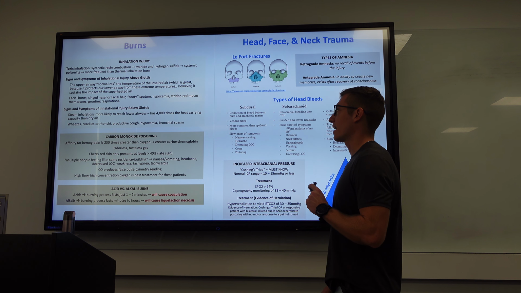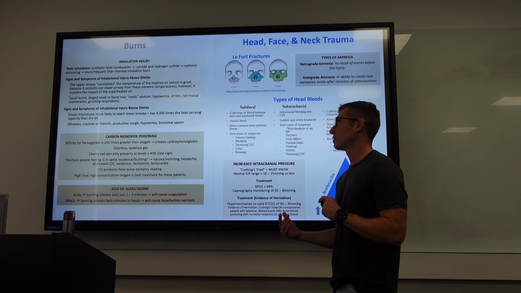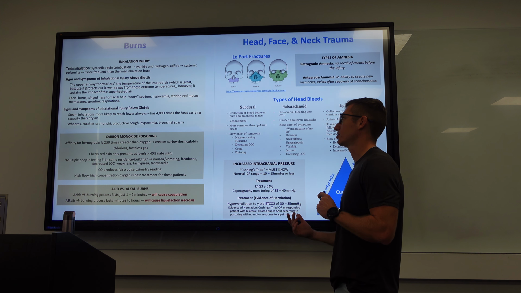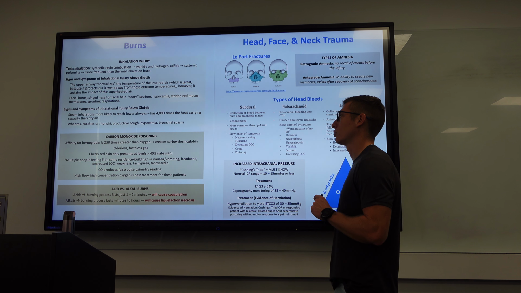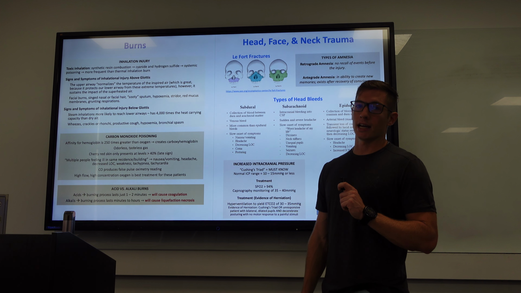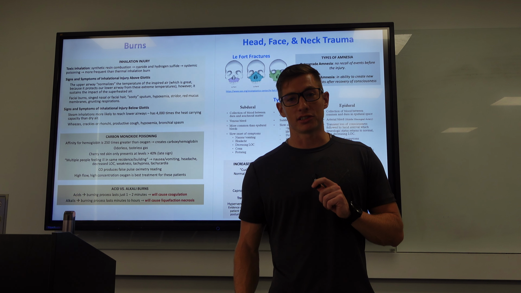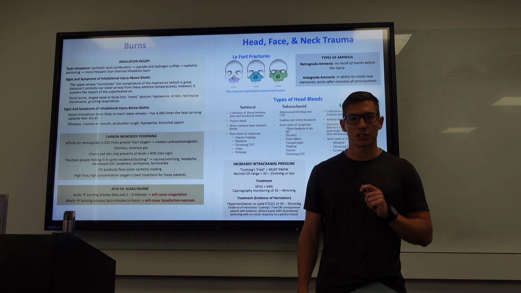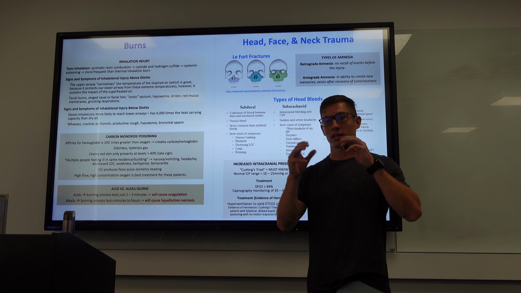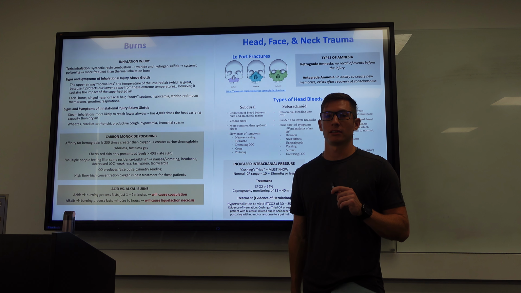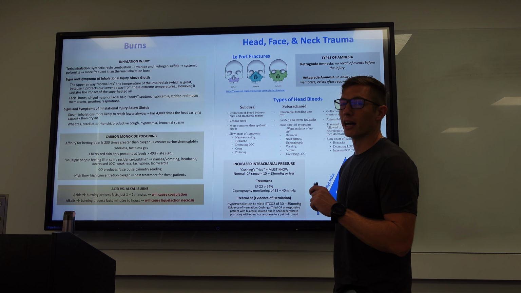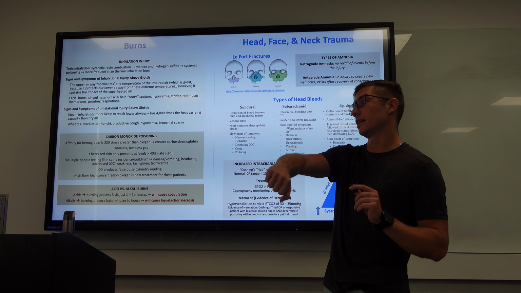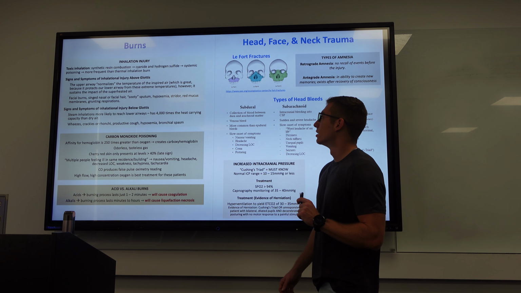So facial burns that have singed nasal or facial hair, sooty sputum, hypoxemia, stridor, red mucous membrane, and grunting respiration. They might not have had all the symptoms happen yet. That's going to come with that superheated gas inhalation, but their body is currently working to close it for the sake of protecting itself. So you have very little time to go ahead and put an airway into that person.